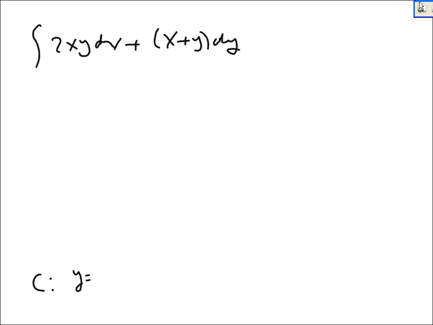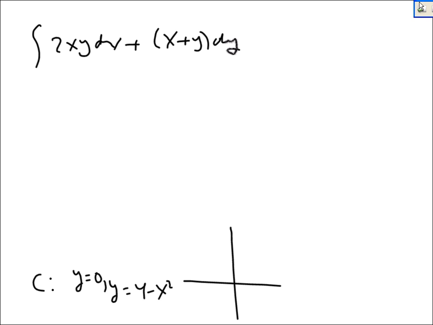Now we have this one. The integral of 2xy dx plus x plus y dy. And C is between y equals 0 and y equals 4 minus x squared.